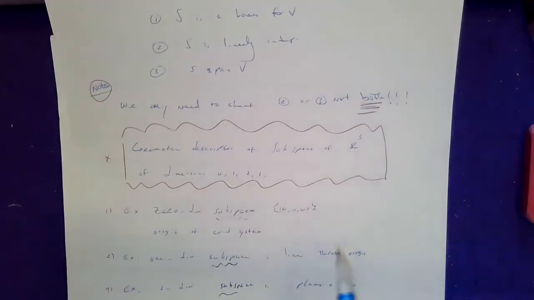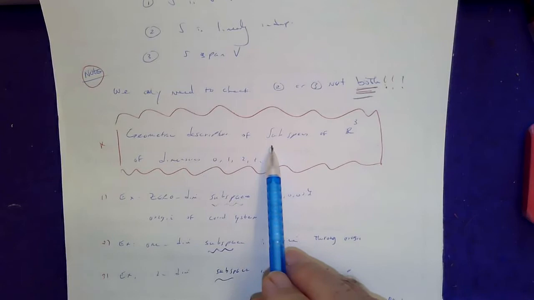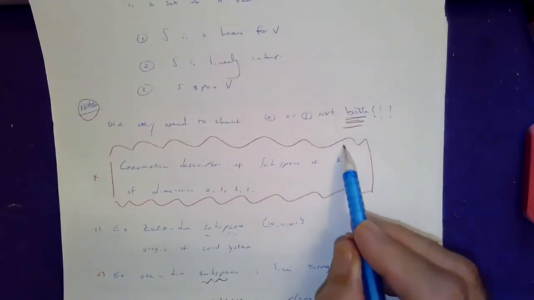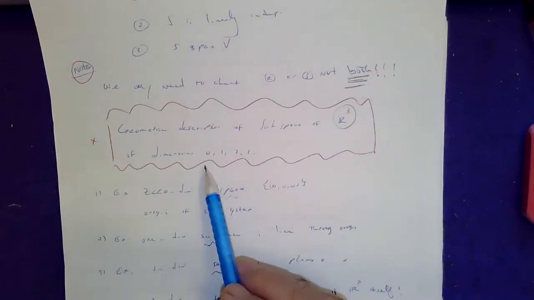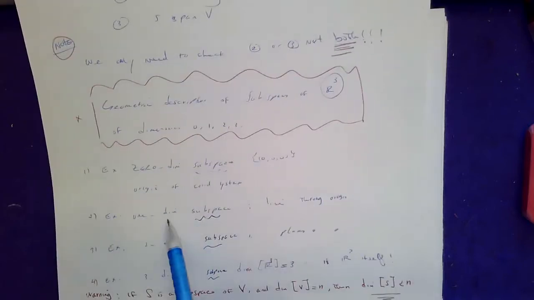Before I show you what I mean by that, let me tell you what the geometric description of the subspaces of R3 is. R3 can have 1, 2, 3, 4 types of subspaces.